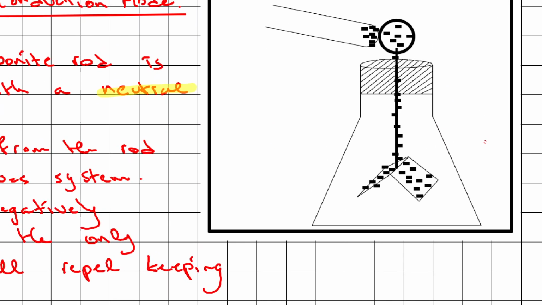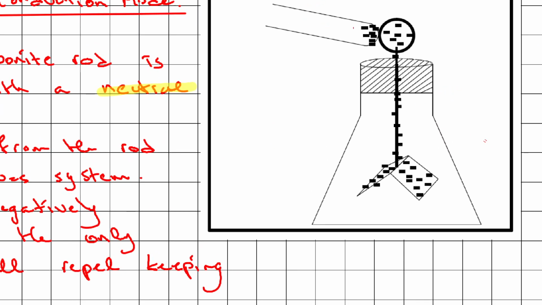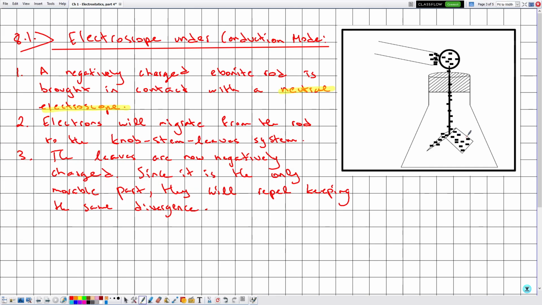So now for sure, if the ebonite is brought in contact and removed away, we can notice that the leaves will diverge, keeping the same divergence.